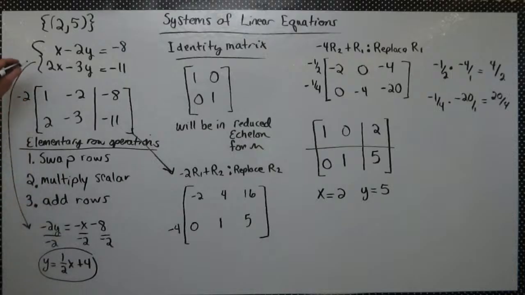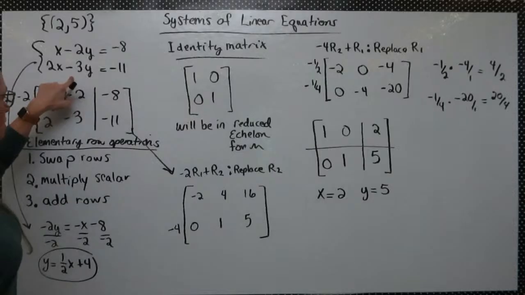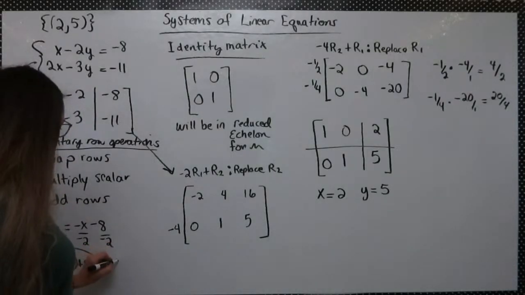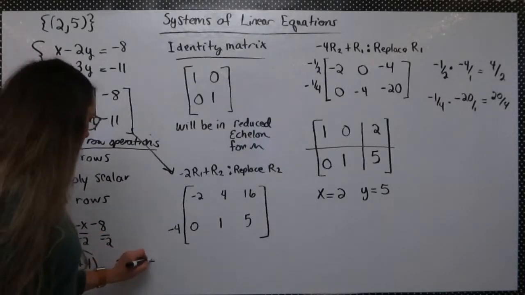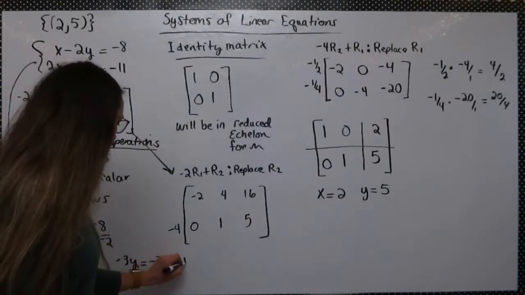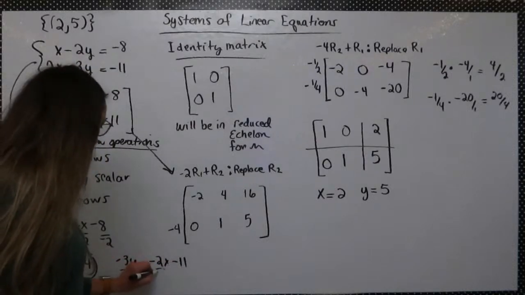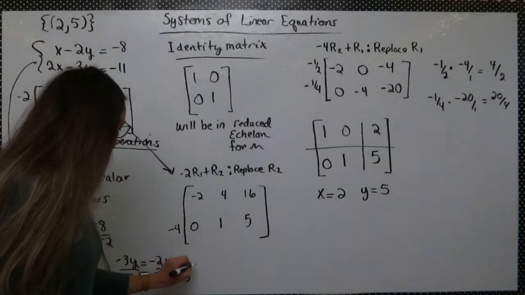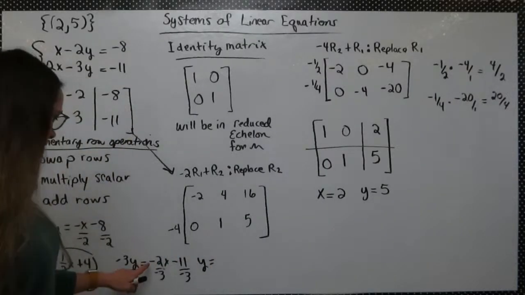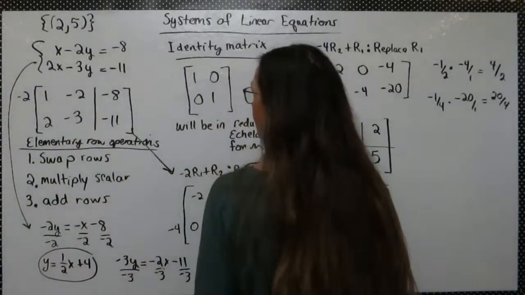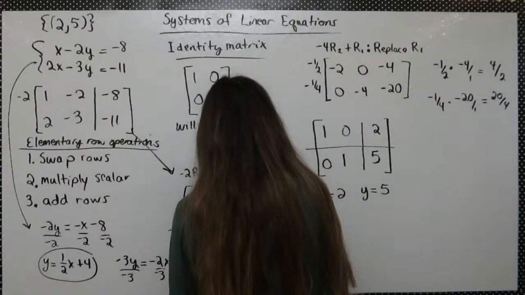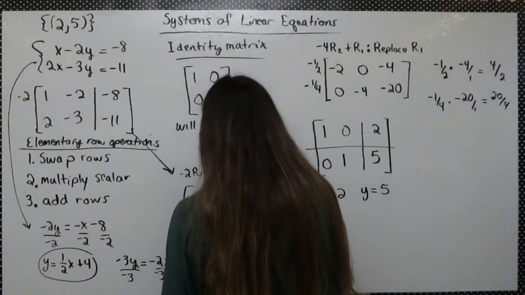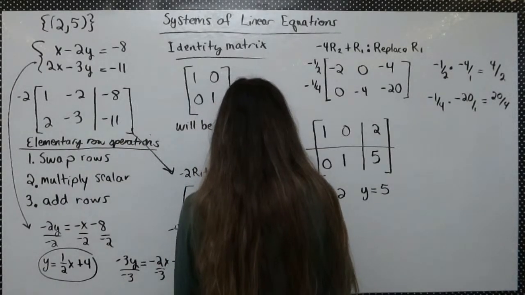And to repeat that process with the other one, both of them. So this one, just subtracting 2x from both sides, it's going to give me negative 3y, and that equals negative 2x minus 11, and then dividing off the negative 3 from all three sides, you get y equals 2/3 x, and it's negative 11, it's going to be plus 11/3.